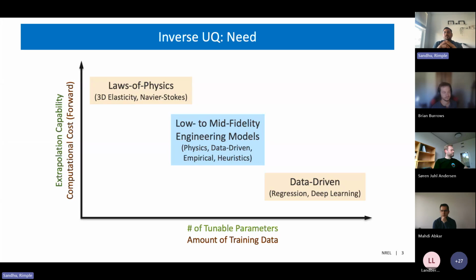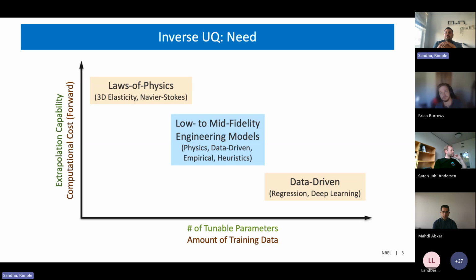And so the goal is to find a compromise between the two ends of this modeling spectrum. So you want a low to mid fidelity engineering model that somehow captures the physics, that has some physical components, some data-driven components, some empirical components, could be heuristics.